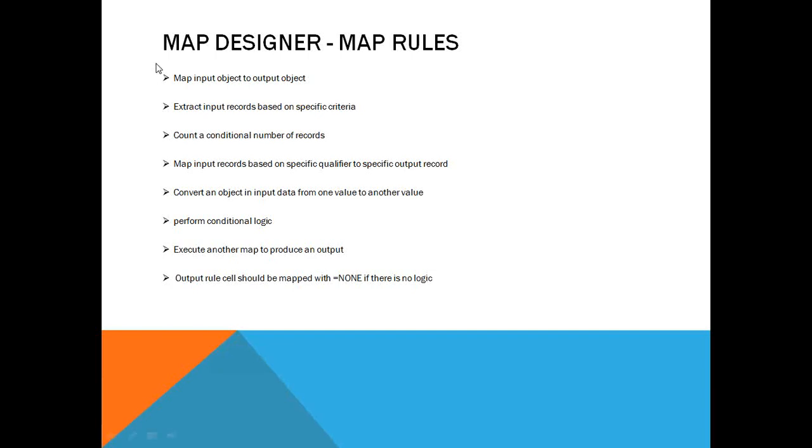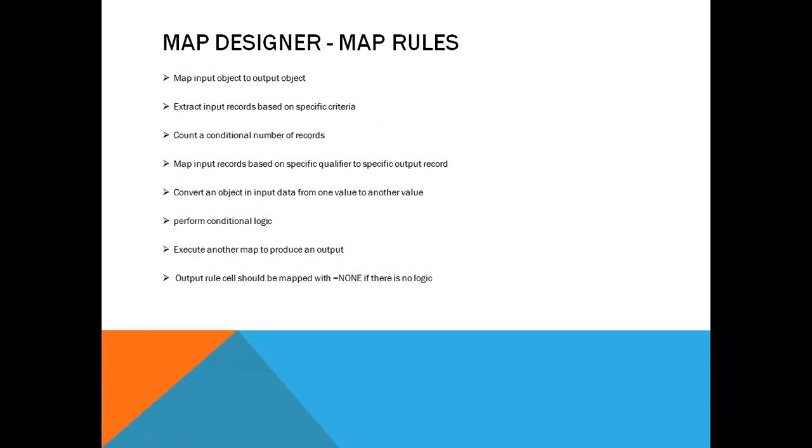So simply, the mapping rule can be either a simple input data object to output data object, or we can extract records based on some criteria, or we can count the records. We can look up only one from the input loops, or look up an entire loop or record based on the qualifiers.